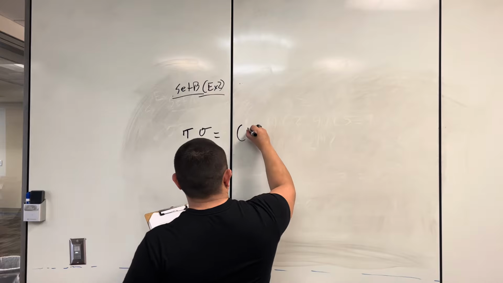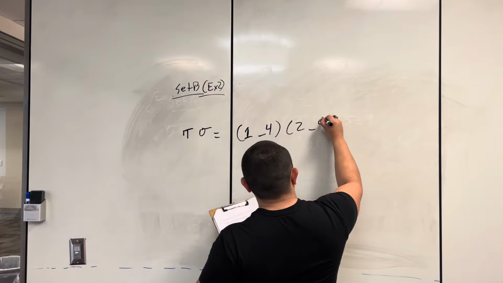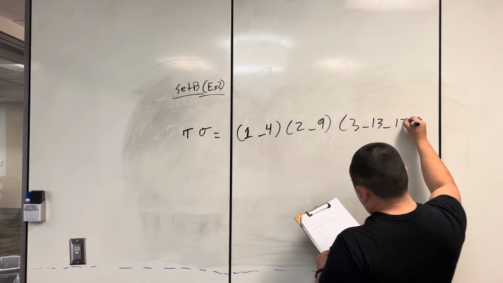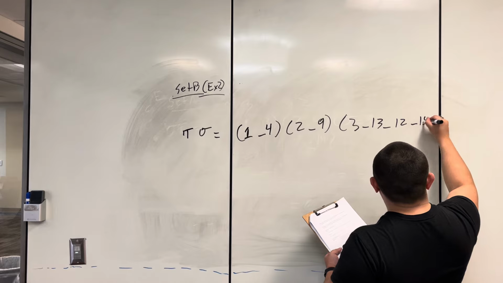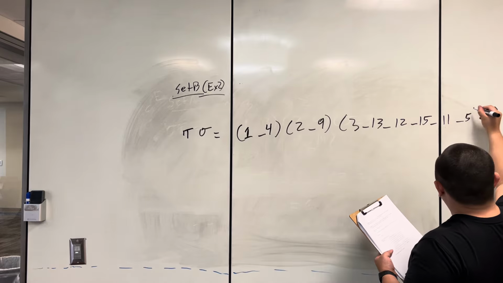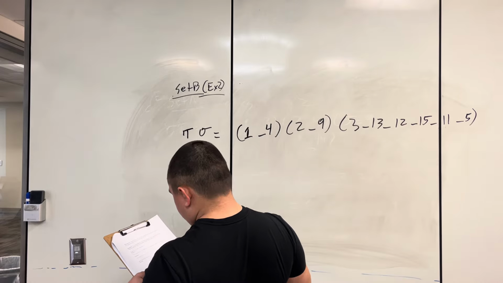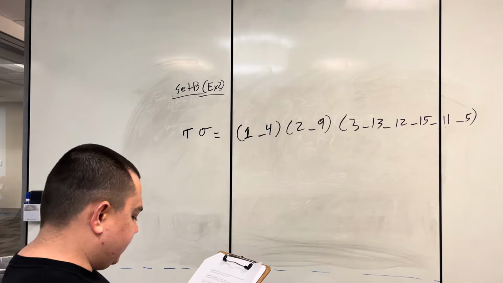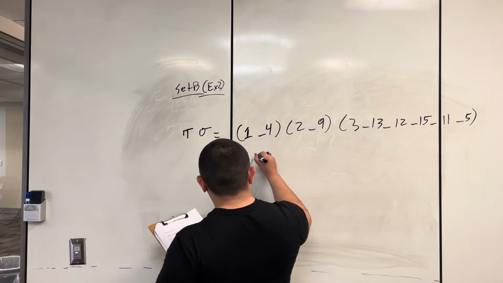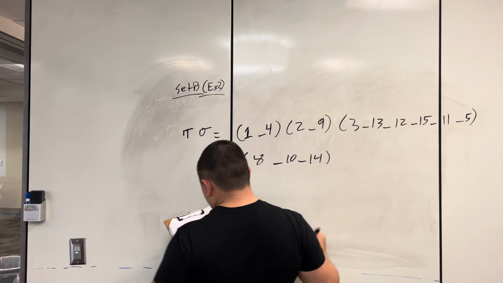That's equal to (1 4)(2 9)(3 13 12 15 11 5). Wait, no, hold on a minute. 12, 15, 5, yes, okay. (8 10 14).